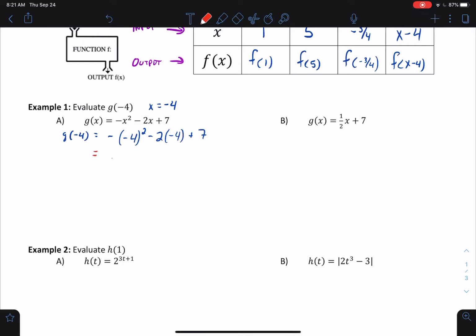So from here, I'm going to simplify. I'm going to drop down this negative sign. Negative 4 in parentheses squared is positive 16. Negative 2 times negative 4 is positive 8, plus 7. So this becomes negative 16 plus 8 plus 7, and that should give me negative 1.